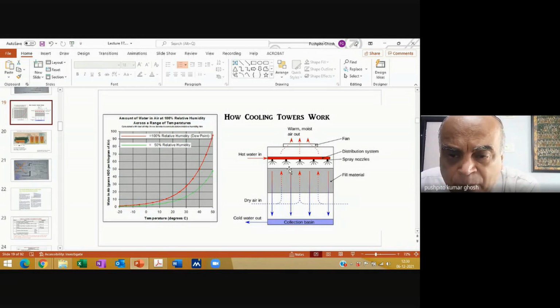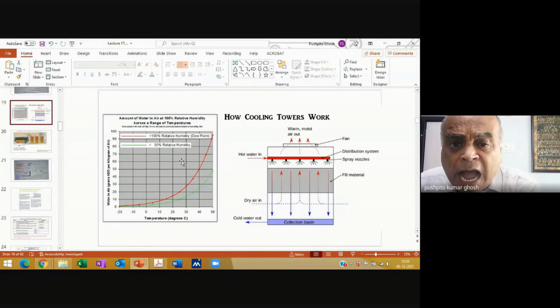Now, when I'm passing this and the water is falling, what will happen is that a part of the water will vaporize and go along with the air. Why?